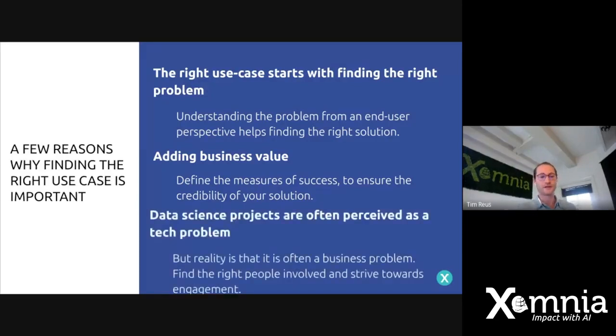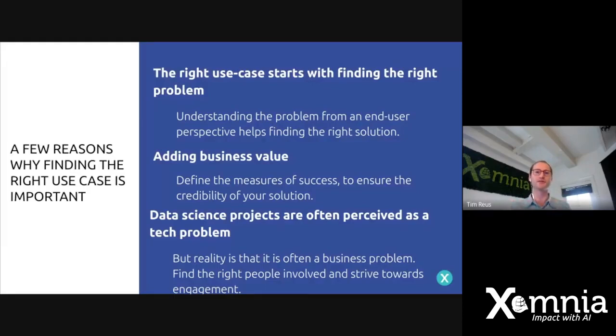The third reason why it's really important to define the use case upfront is actually the fact that data science is often perceived as a tech problem, right? It's all about technical aspects and what models to use in infrastructure and stuff like that. And yes, while that is important, it's more often a business problem.